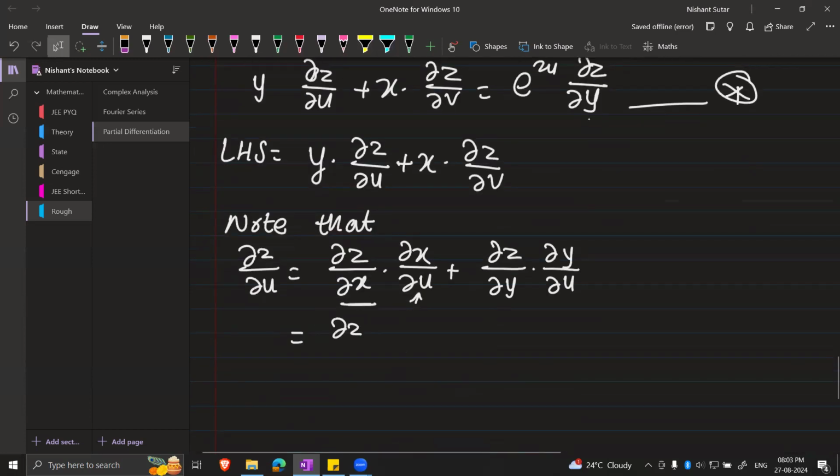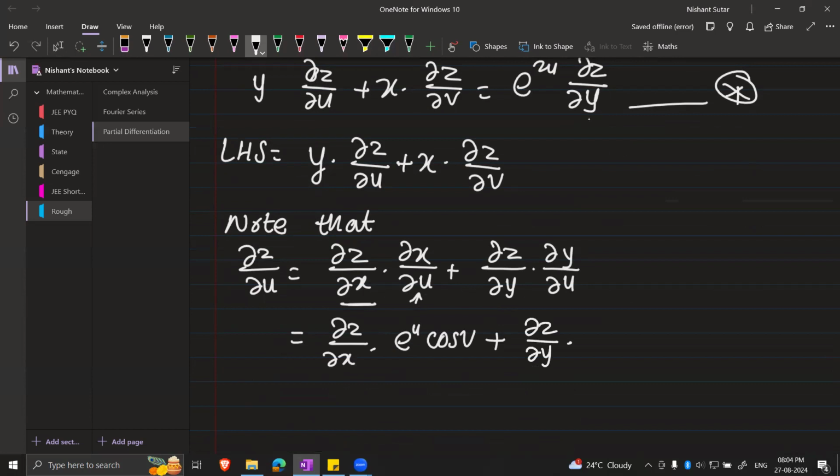So this is del z by del x into e power u cos v, and then I'll keep del z by del y as it is, and del y by del u is again e power u sin v, which is, note that this is x del z by del x plus y del z by del y.